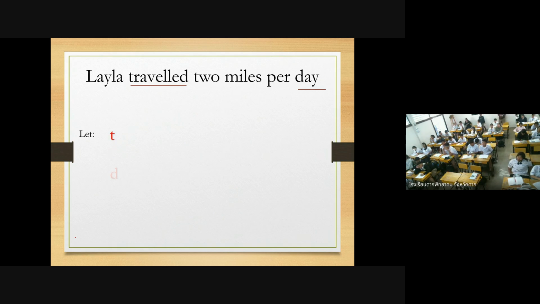Let's say T and D. T is travel, in miles, okay? And D is day. What's the equation? We have T. We have D.